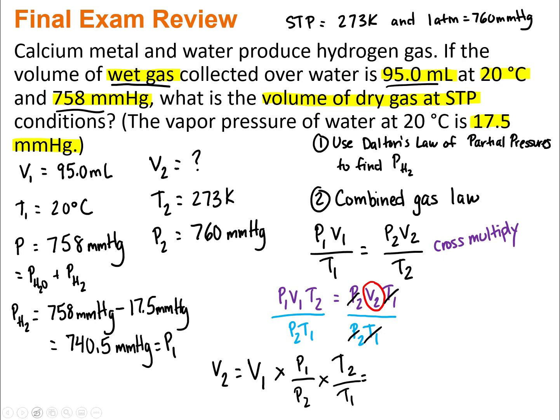We put in our numbers. And be careful here. Make sure that you're putting in the right number in the right location. If you switch P1 and P2, you'll get a different answer, and that different answer is wrong.